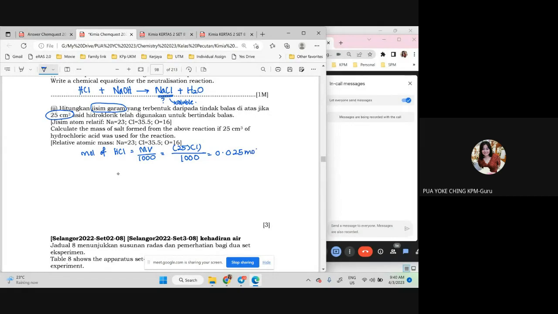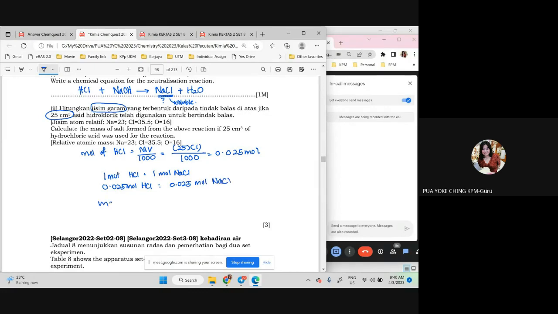This is a normal calculation. The question wants the NaCl, so do the ratio. Second step. Ratio is 1 mole HCl to 1 mole NaCl. So when you got 0.025 mole HCl, it will ratio 0.025 mole NaCl.